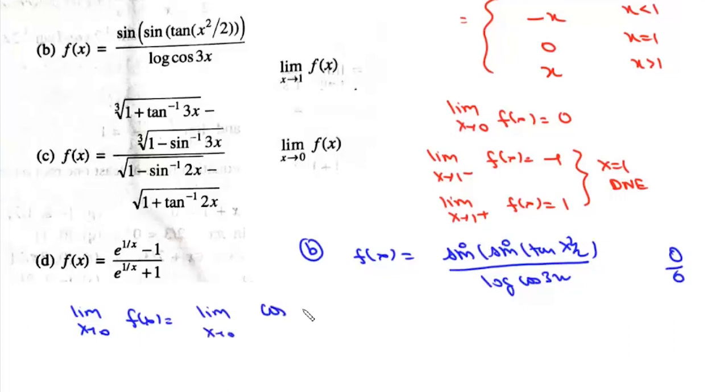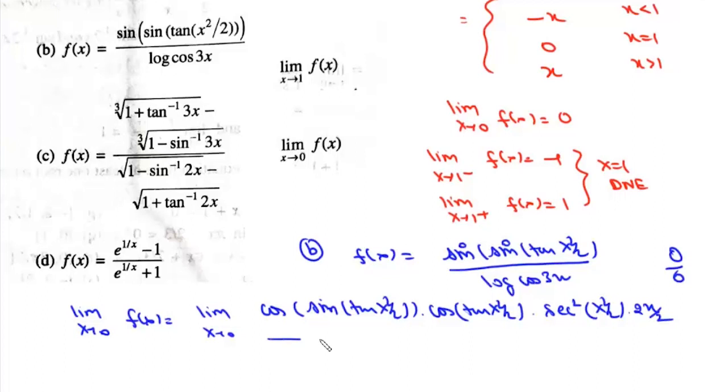we can write limit x tends to 0. Now, this is cos of sine 10 x square by 2 into cos of 10 x square by 2 into secant square x square by 2 into 2x by 2, and here it will be log is 1 upon cos and cos is sine, so it will be minus 10 3x into 3.